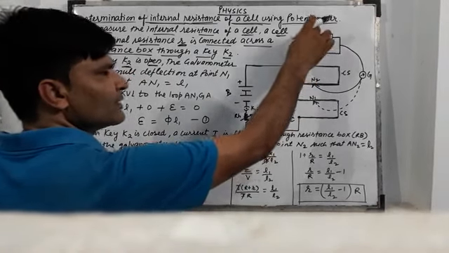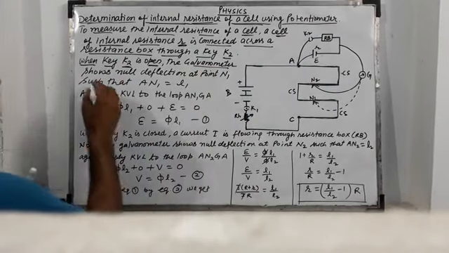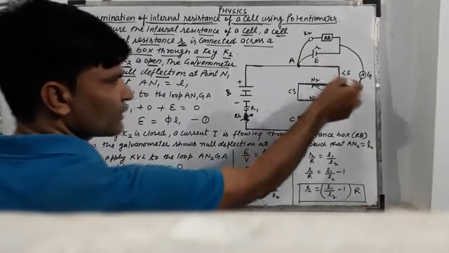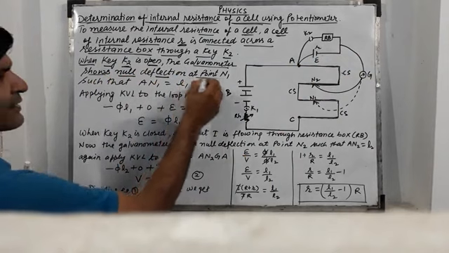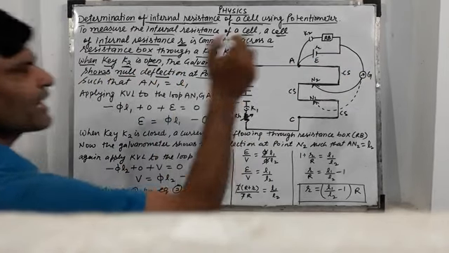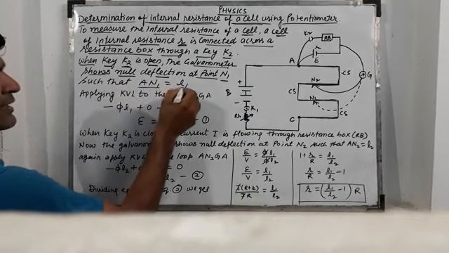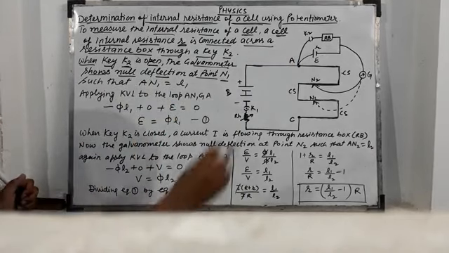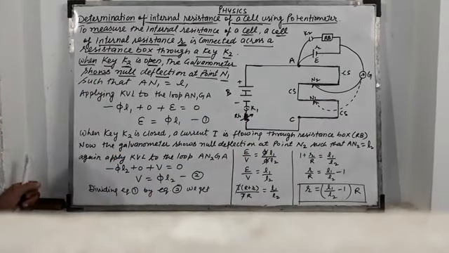In this circuit there is no current. The galvanometer shows null deflection at point N1 such that the distance from A to N1 is L1.